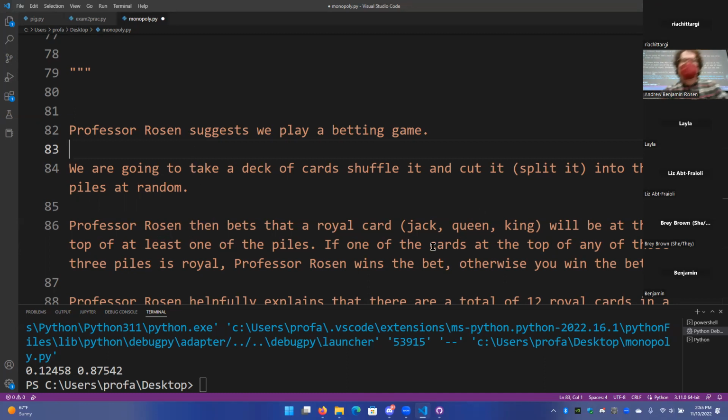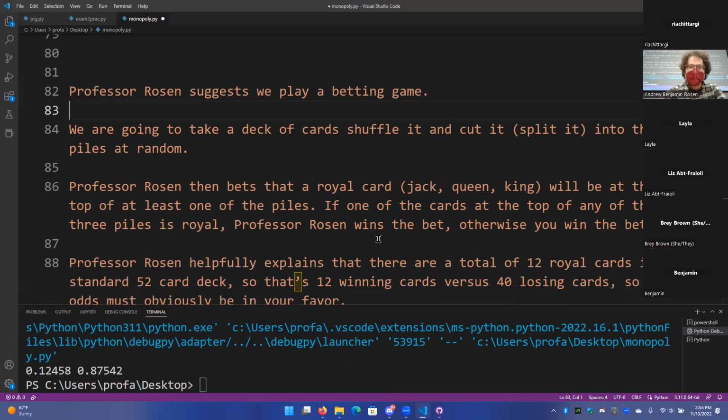I bet you that a royal card, the jacks, kings, and queens, will be on the top of at least one of those piles. If any one of those is a royal card, I win. But if no royals show up, you win.